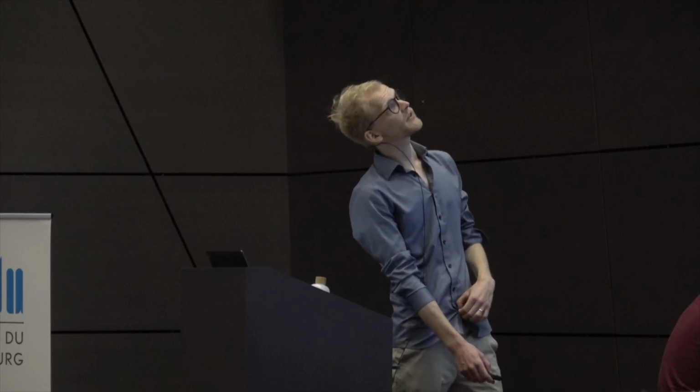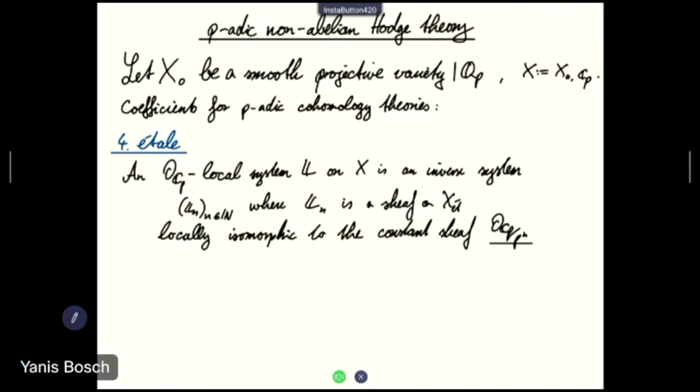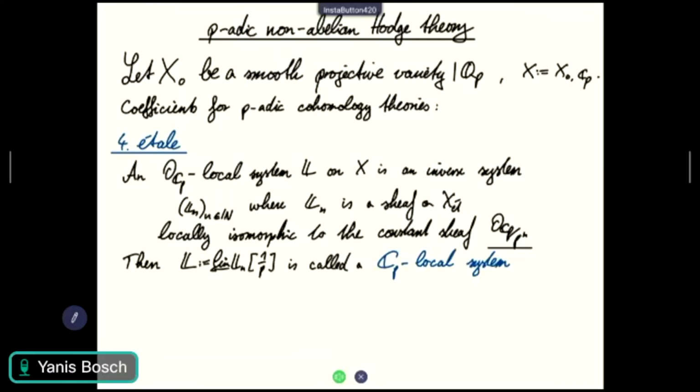I will see the same necessarily for the coefficients, which is why the correct notion of a local system in this context is that I first define sheaves L_n, which are locally isomorphic to O_{C_p} mod p^n. There's like the C_p version of Z mod p^n. And then I basically take the inverse limit in some sense, and after inverting p, this thing is called a C_p local system.